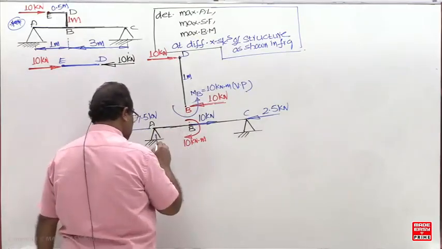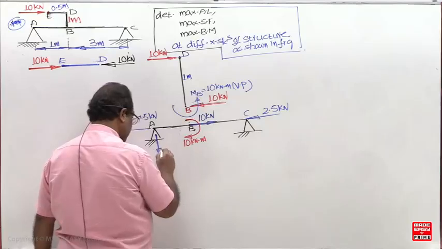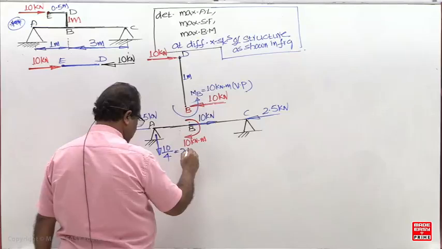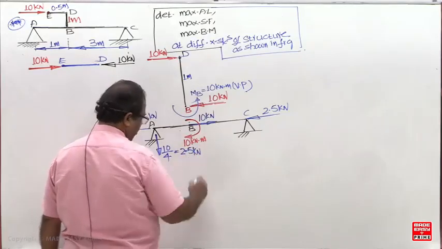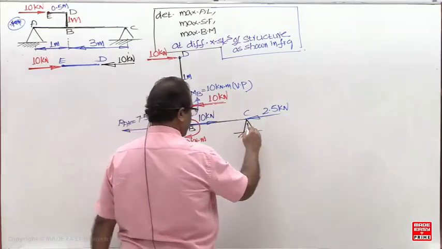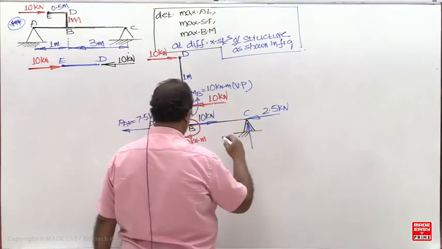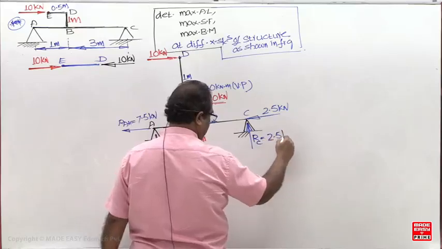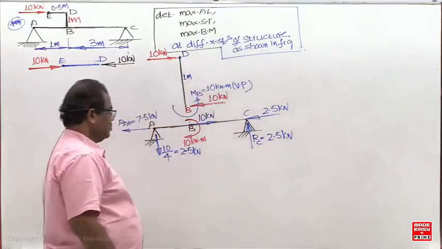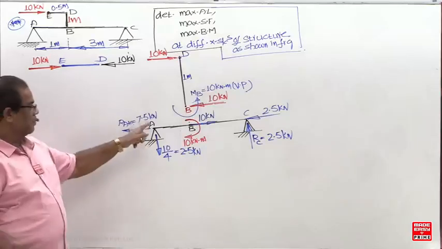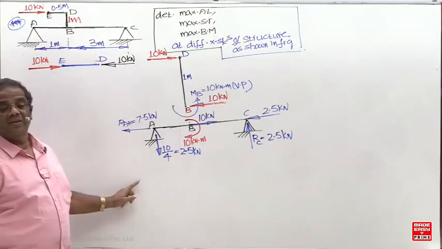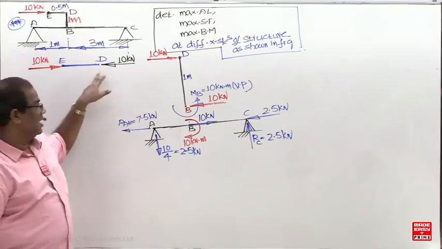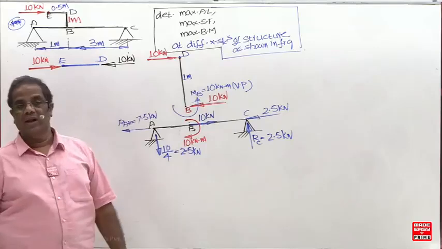Due to this couple, reactions are downward. So just now you have completed this. Here how many ALD, SFD, BMD? One ALD, one SFD, one BMD. But here only ALD. Here one BMD and SFD, no ALD.